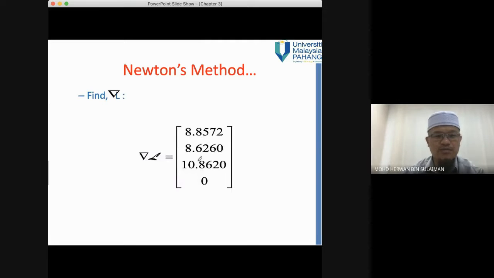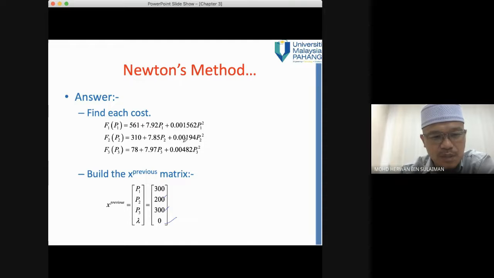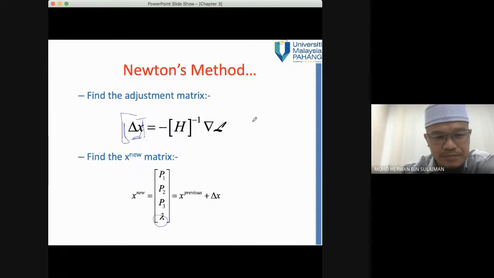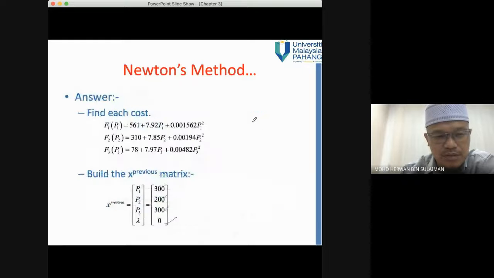Next you kena do L, maksud dia ialah you bezakan F1 with respect to P1, tolak lambda kosong, tak masalah. So kita ada yang ni.